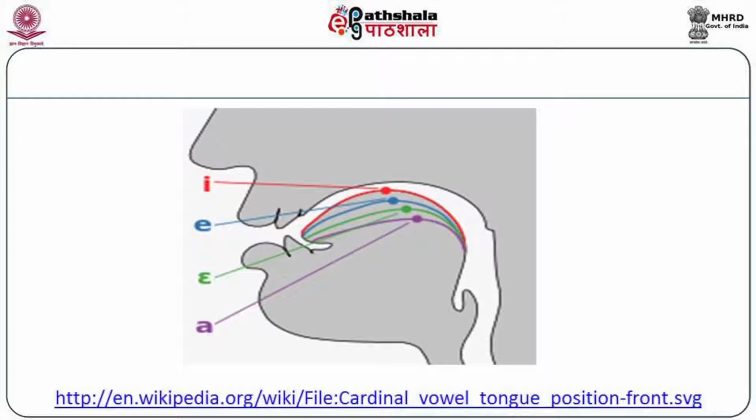So you have, as you say a, the point shows that the tongue is held at that particular position, and as you go up, the tongue keeps moving towards the upper roof of the mouth. And the same is the case for frontness and backness. The front vowels are those in the production of which the front of the tongue is raised, and back vowels are those in the production of which the back of the tongue is raised.